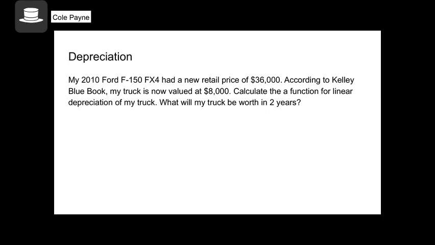And now that I have that, I want to figure out what my truck would be worth in 2 years. So my X value would be 2 years from now, since I used 0 for 2010 and 14 for 2024. I'm going to use 16, right?